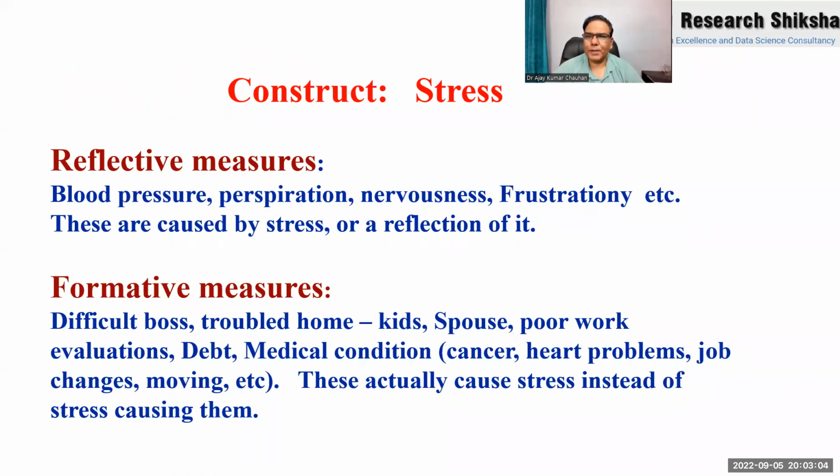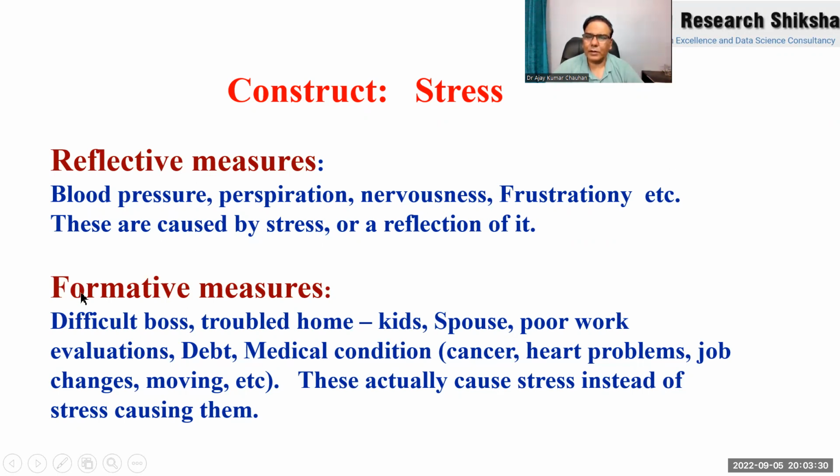Okay, so one more example of formative and reflective. Stress. If I assume that it is a formative construct, it is coming from all these reasons. And if I assume stress as a reflective construct, it means if you are suffering from stress, what comes after that? If you are suffering from stress, all these things will come.